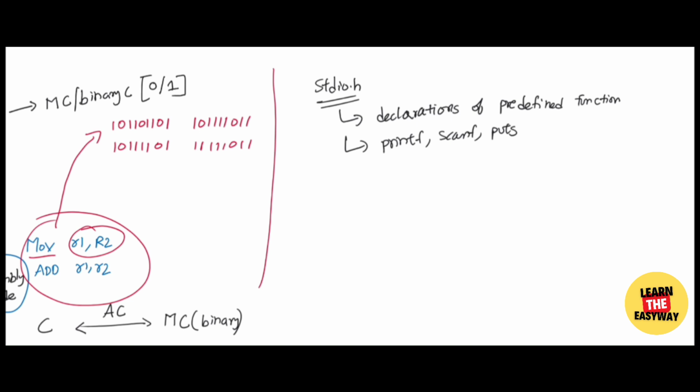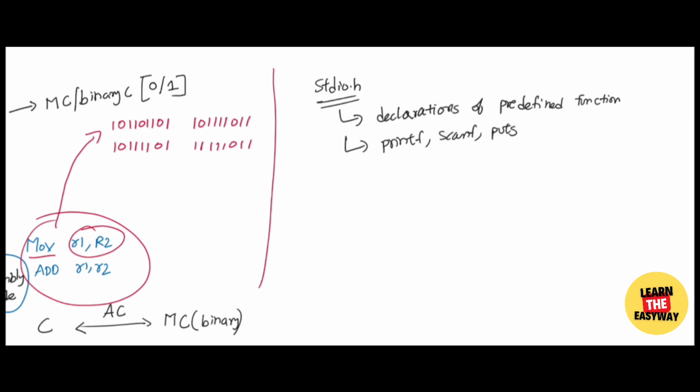These functions are all listed in the stdio.h header file, and this header file will only contain the declarations. It will just say, okay, I have these functions in me, but I don't know the body of those functions. I don't know what those functions contain. I just have their names. That's it. When we give this entire program to a computer along with the declarations, we should also give the body of those functions so the computer can understand and execute that particular instruction.